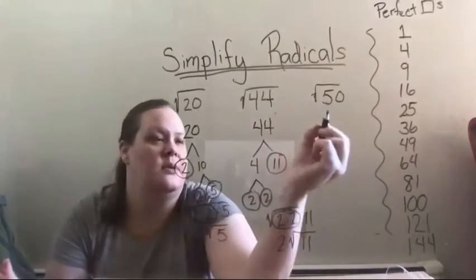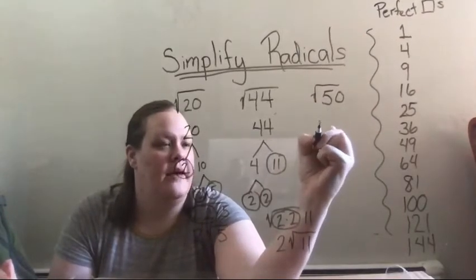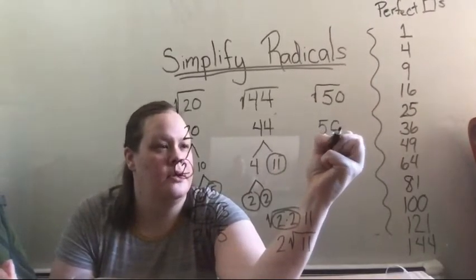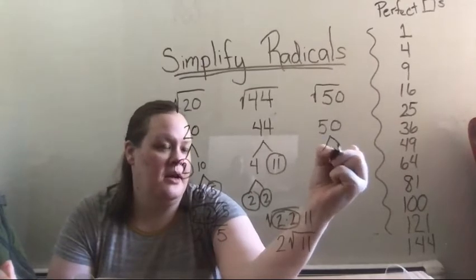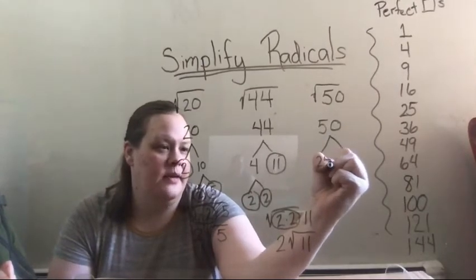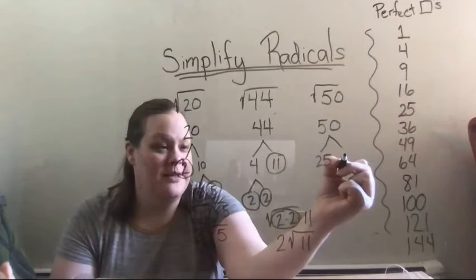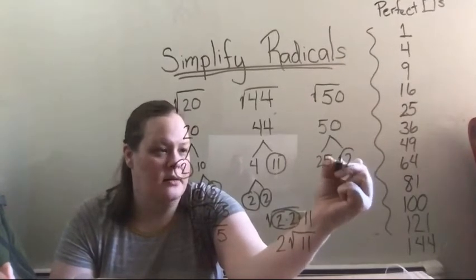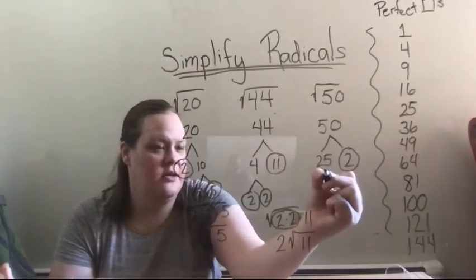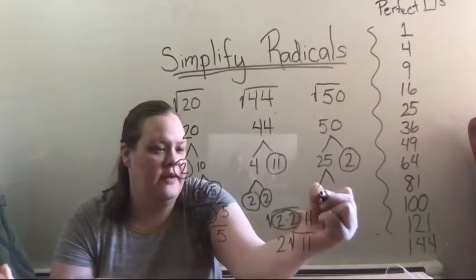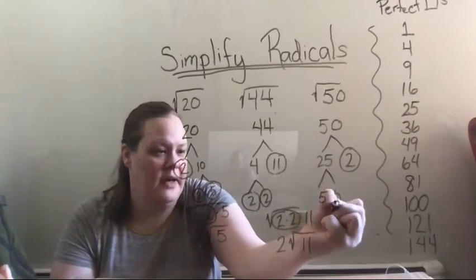Okay, we got to this last one. We're at 50. I'm going to break that up as 25 and 2. You may have done 5 and 10. That's okay also. I'm going to do a 25 and a 2, and then this 25 can become 5 times 5.